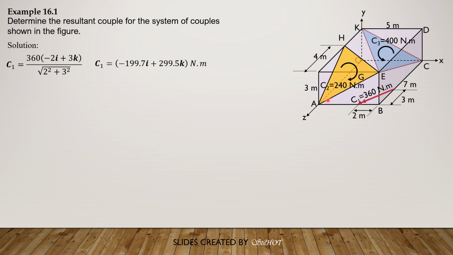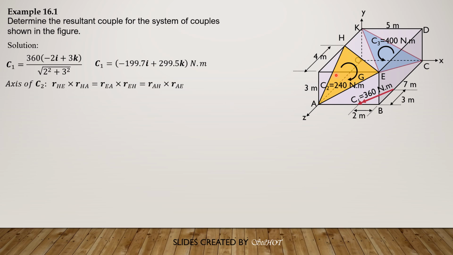And finally, it may also be REH cross RAE. So your right thumb will be in the opposite direction. So the axis of couple 2 would be RHE, as I said, cross RHA, or REA cross REH. So it is in the opposite sense.